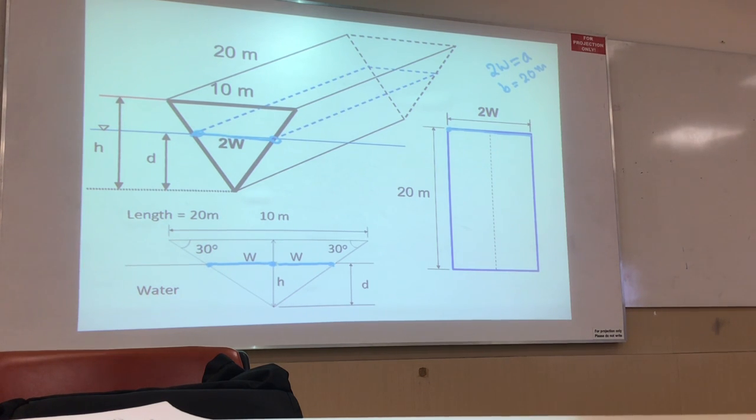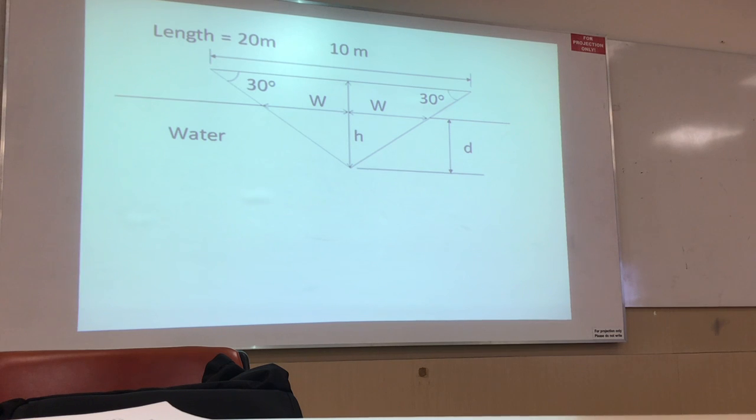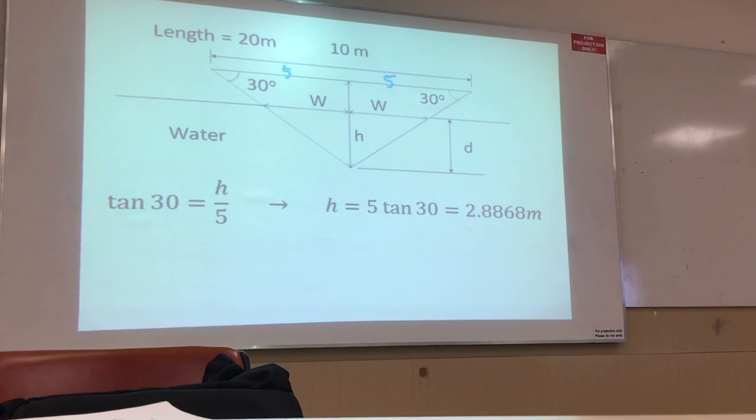Now the question is how? Now the distance from here to here is 5, here to here is 5, so 10, and 30 is H by 5, and H is 5, 10, 30, I can find this number. Okay, so what is 10, 30 again?